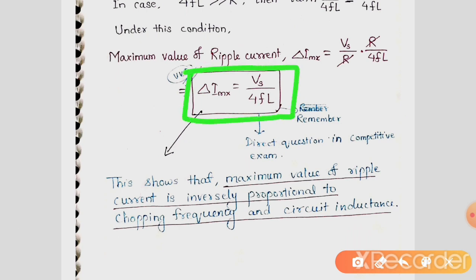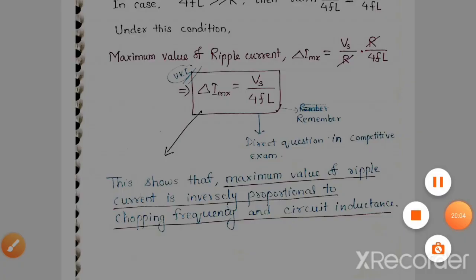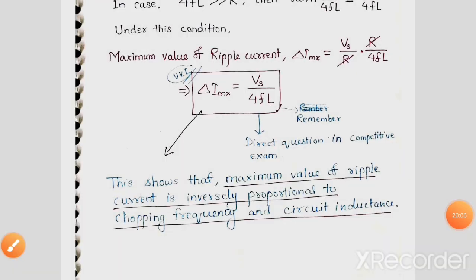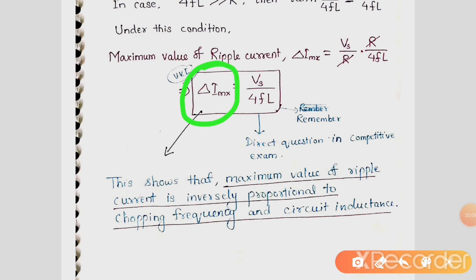We can see that there is a direct relation between the chopping frequency and the ripple current. I mean to say that the maximum value of this ripple current is dependent on the chopping frequency as well as the circuit inductance. These are the two parameters on which your maximum ripple current depends.